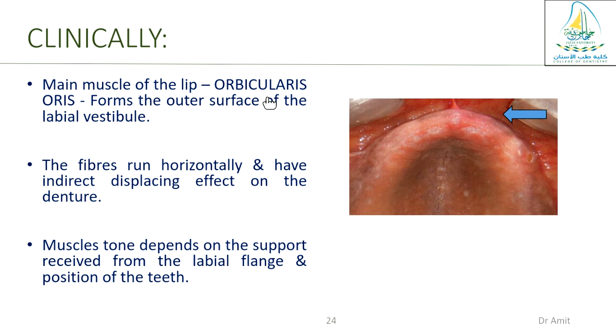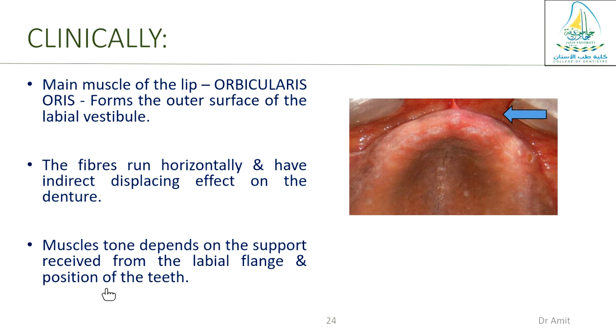That is known as the orbicularis oris muscle. Now these orbicularis oris muscles run horizontally and have an indirect displacing effect. So whenever we are trying to record this labial vestibule, we need to make the movements of the orbicularis oris muscles so that these areas are recorded properly, and this will not interfere with the movement of the muscles around.